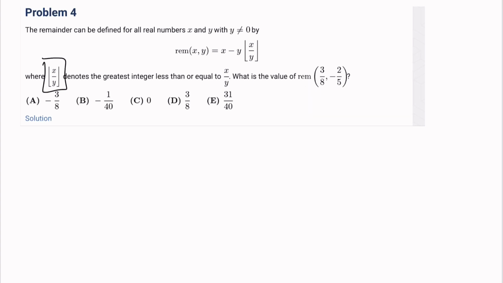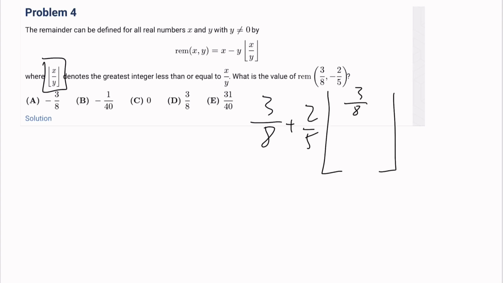So let's go by the simple and easy method. Let's just plug this in, and that will give us 3 over 8 plus 2 over 5 times the floor of 3 over 8 over negative 2 over 5. The thing inside the floor will be 15 over 16, and the negative sign is still there.